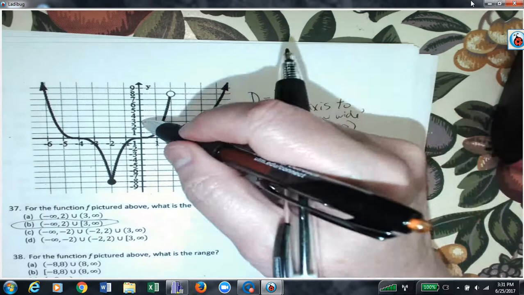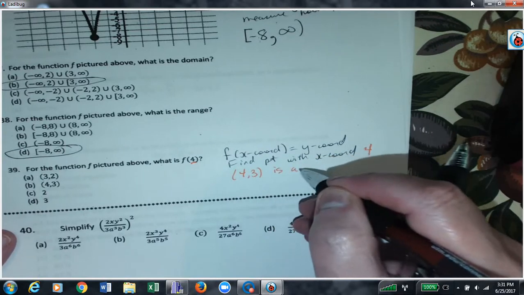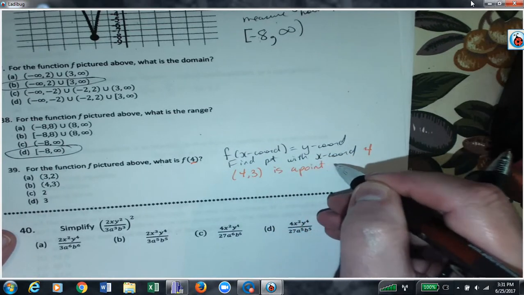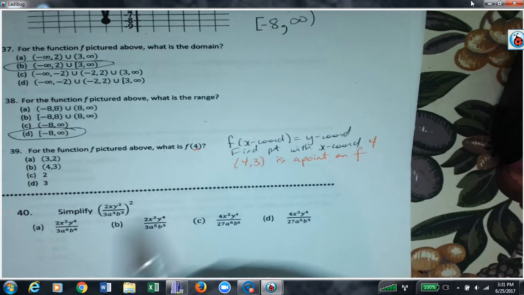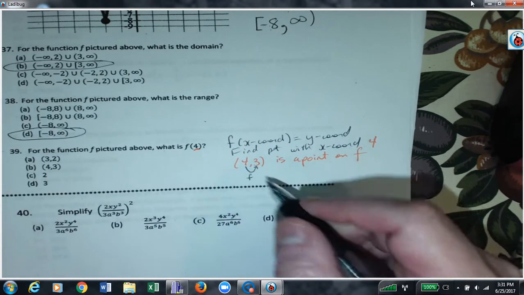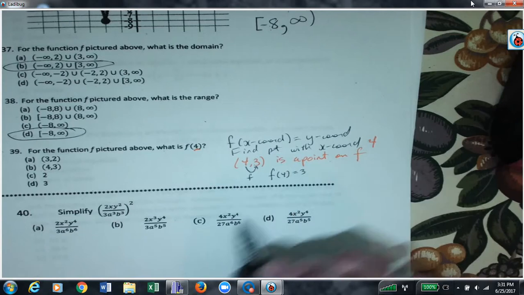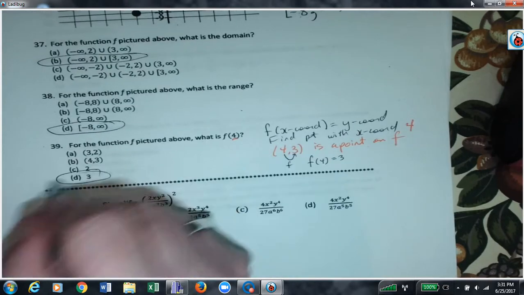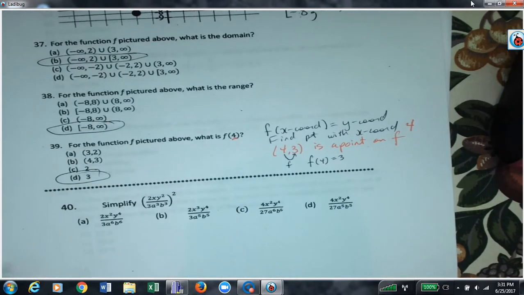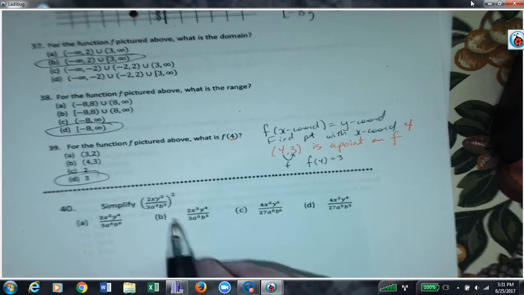Its y-coordinate is 3. So (4, 3) is a point on the graph. And what does f do? It maps the x-coordinate into the y-coordinate. So f evaluated at 4 is equal to 3. So the answer to number 39 is D.